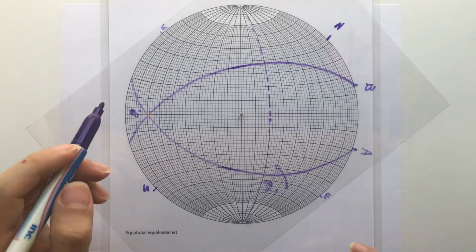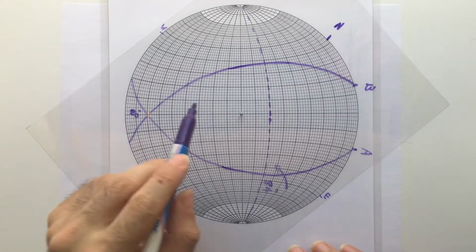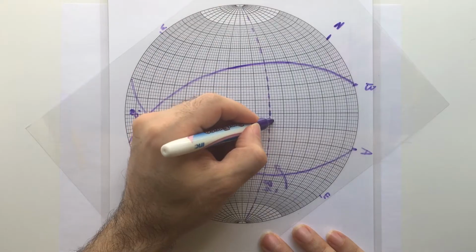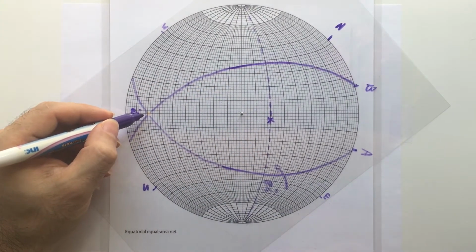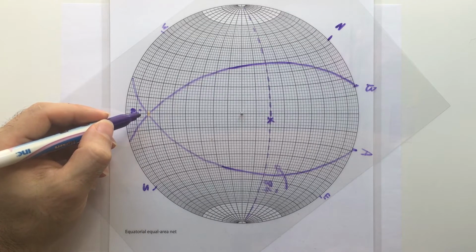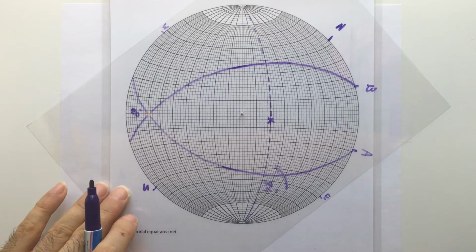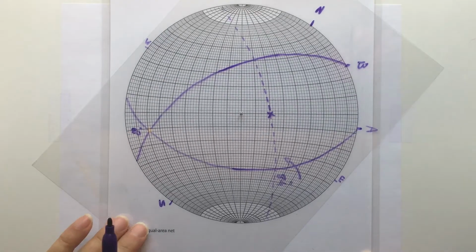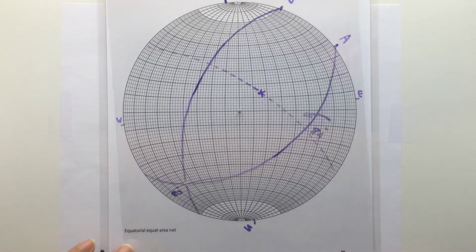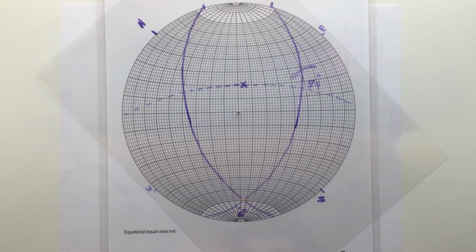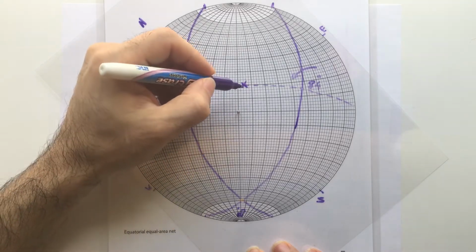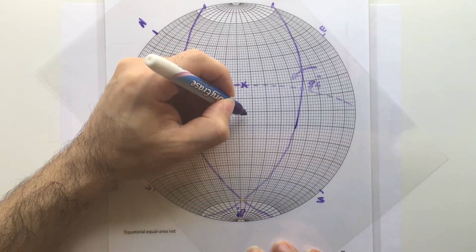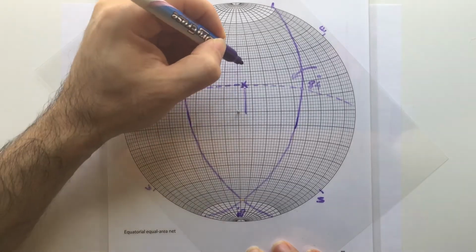Okay, so now if I draw a great circle going through this central point and the fold axis, it's going to give me the axial plane. So let's put the orange point and the cross on a great circle. Probably here, yeah, something like that. I'm going to do this one with a different type of dash line. Let's do it like this.